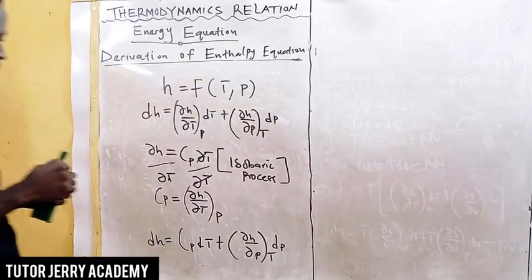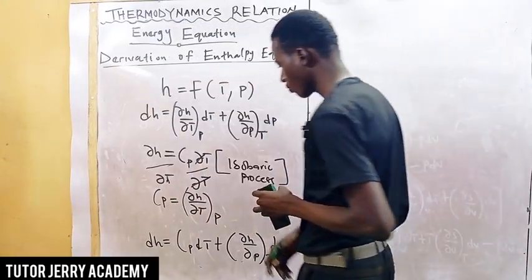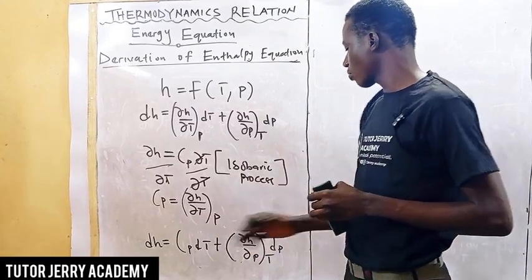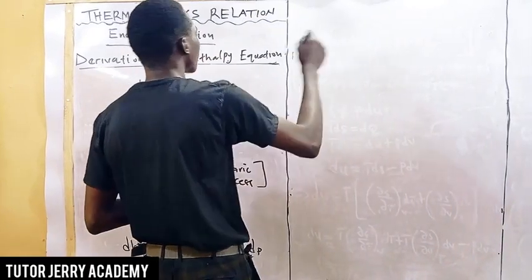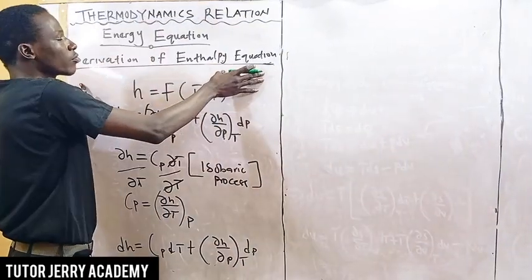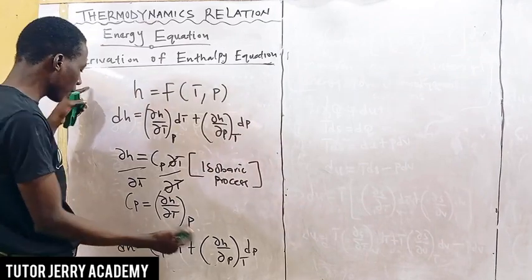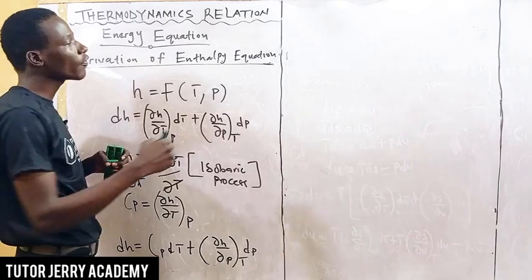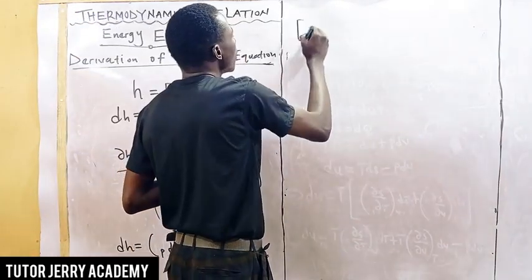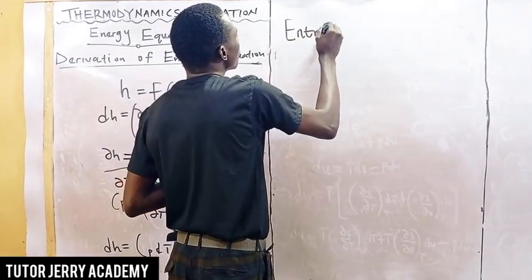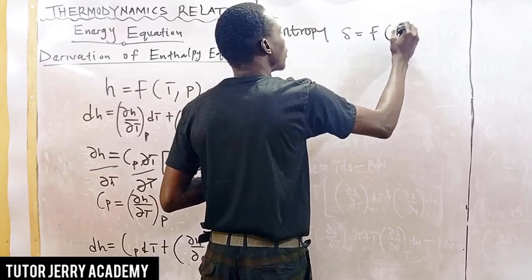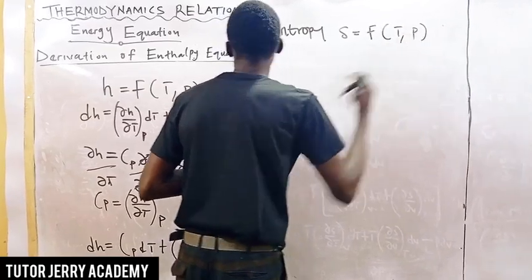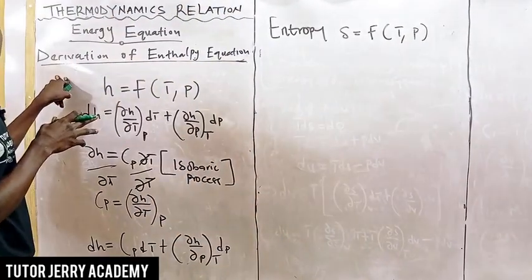Now, in order to derive the enthalpy equation that will be used for thermodynamic analysis, we are going to be involving entropy. Entropy S is a function of temperature and pressure when we are dealing with enthalpy.